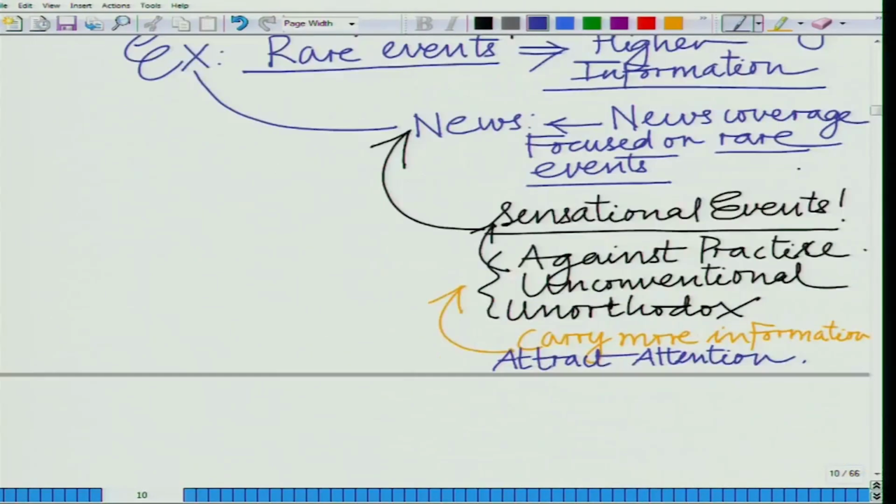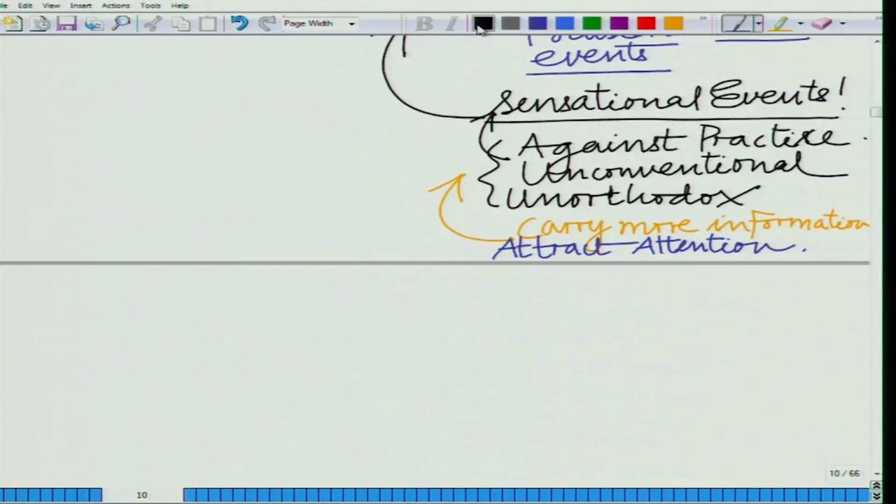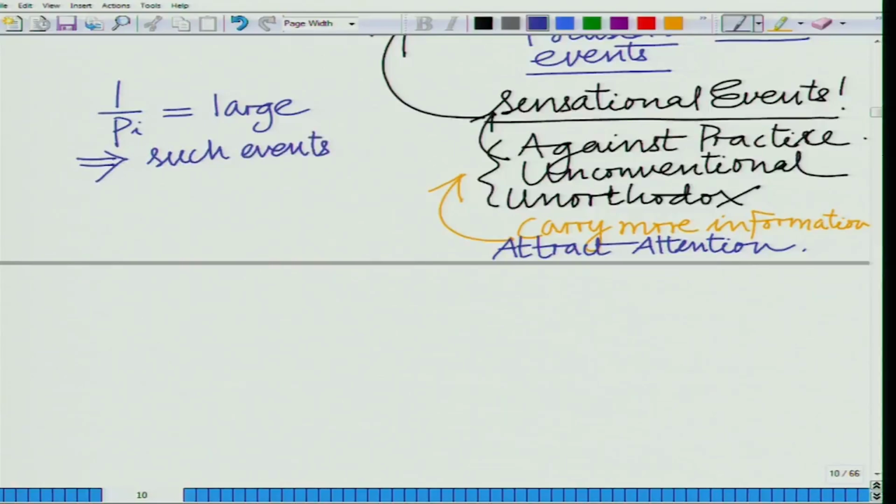Basically, 1 over pi being large implies such events are infrequent and therefore carry a large amount of information.